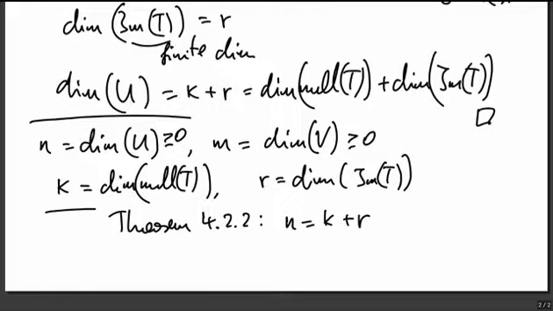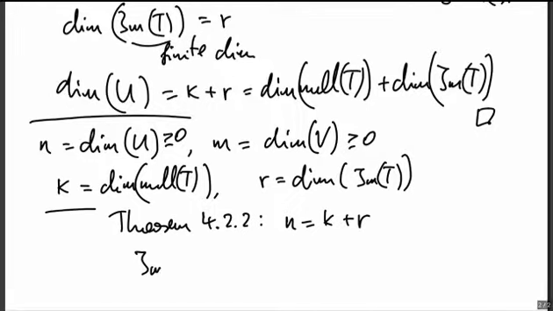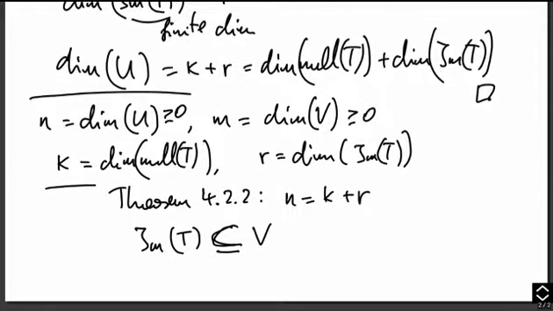We also have that the image of the transformation is a subspace of V. It could be equal to it. So with our notation, what this means is that r is less than or equal to m. Equality means that it's the same.